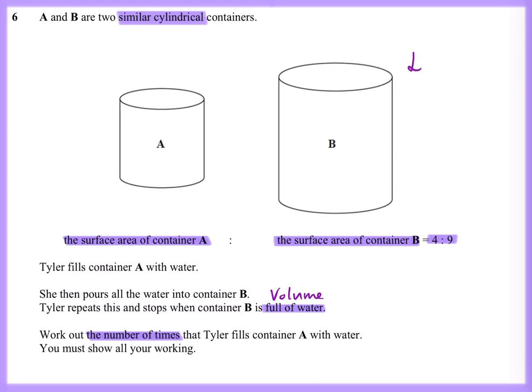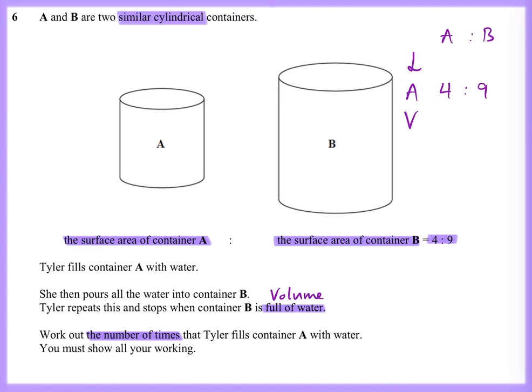I'm going to use LAV ratios, so length, area, volume ratios, for these two shapes, A to B. I've been given the area ratio, so the A component is 4 to 9. To get the length ratio, I can square root these, and then if I want the volume ratio, you can cube the length ratios.